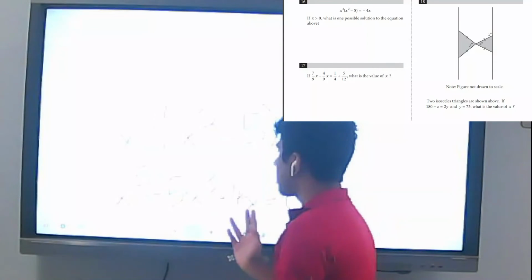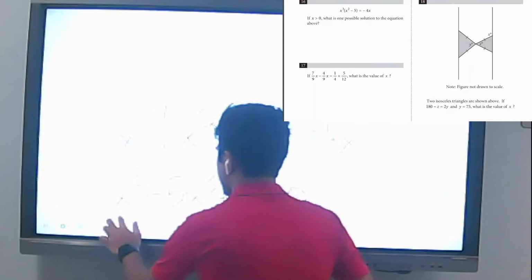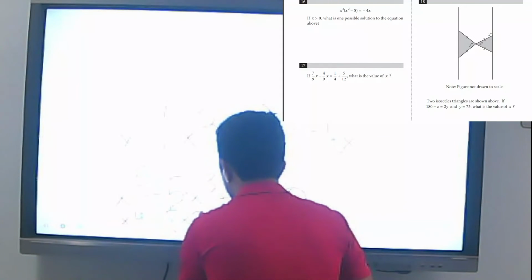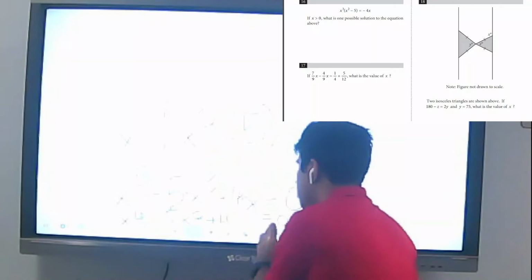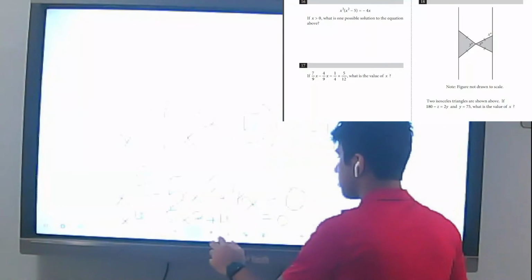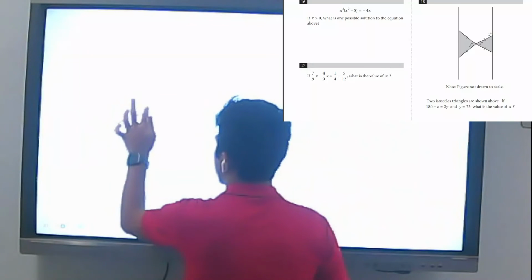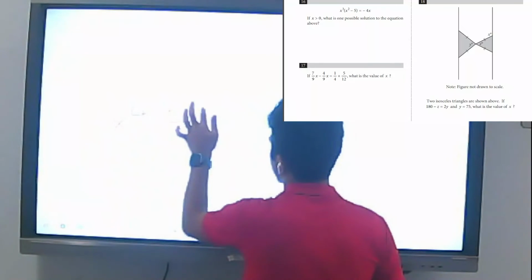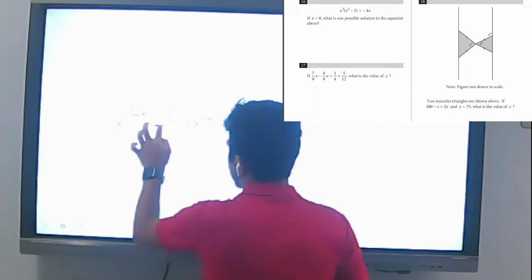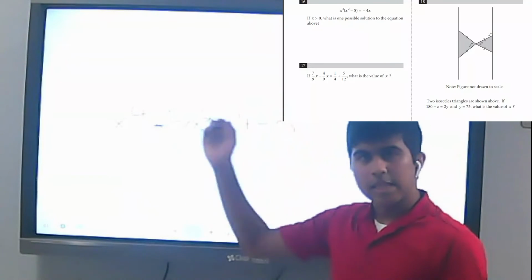You see the x in everything, so you can divide it out: x to the 4th minus 5x squared plus 4 equals 0. That means that 0 is a solution to the equation, but they told us x is bigger than 0, so we can't use that. So we have x to the 4th minus 5x squared plus 4 equals 0. And now, does this look anything like a quadratic to you?